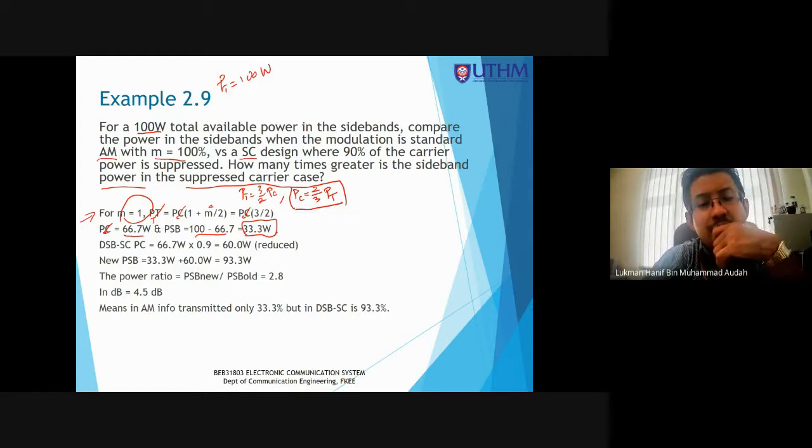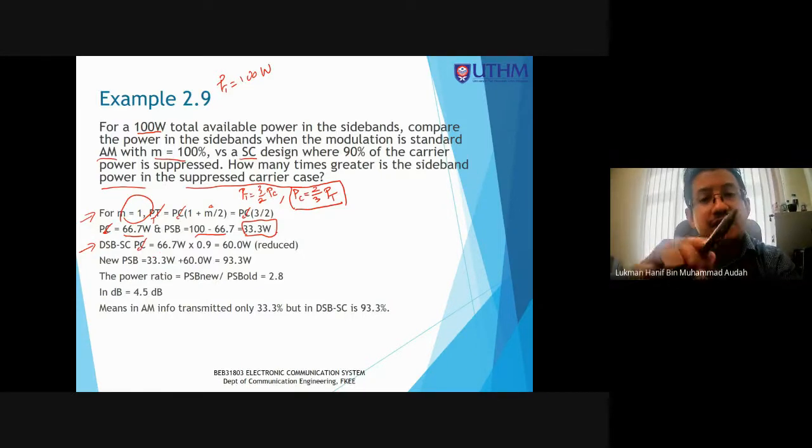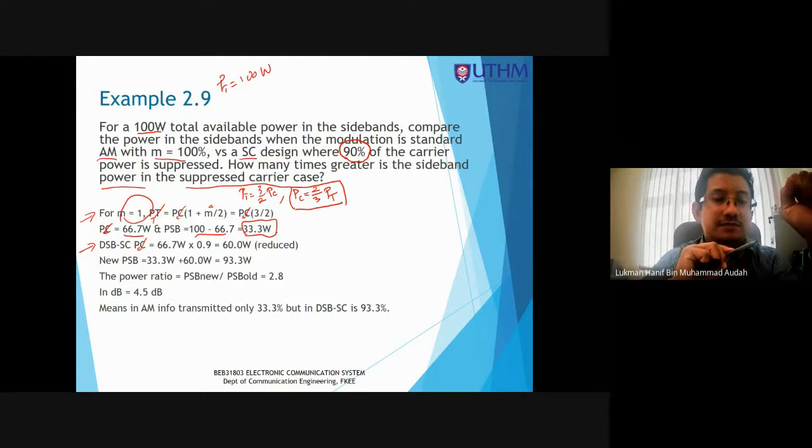Now we want to look from the perspective of double sideband suppressed carrier. Okay, so kita lihat di sini double sideband suppressed carrier, again this is PC, sebab dikatakan di sini bahawa 90% of the carrier power has been suppressed.